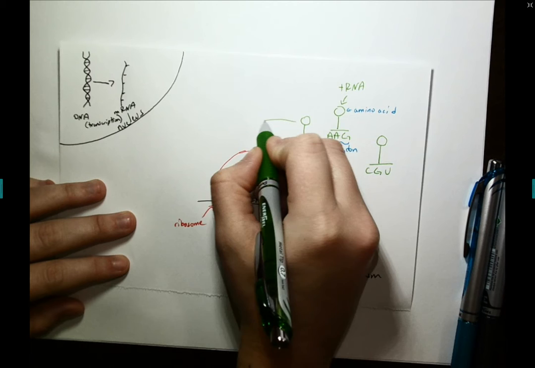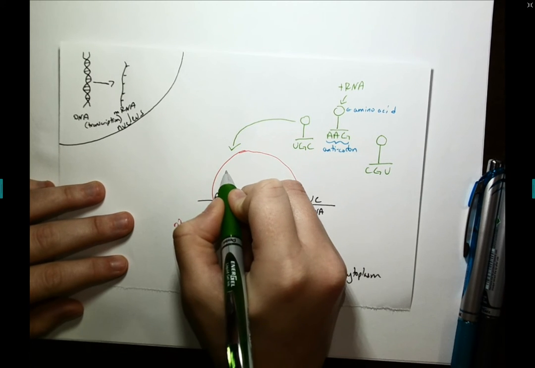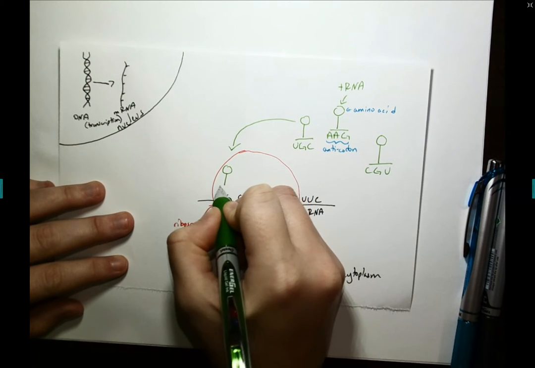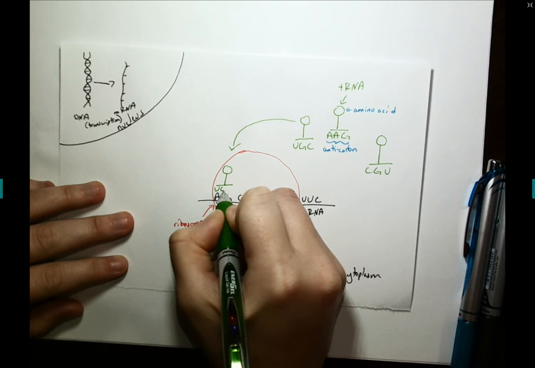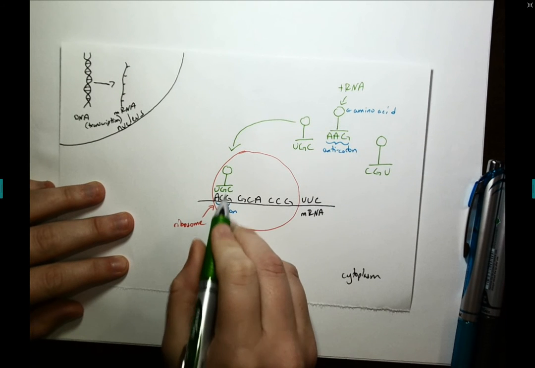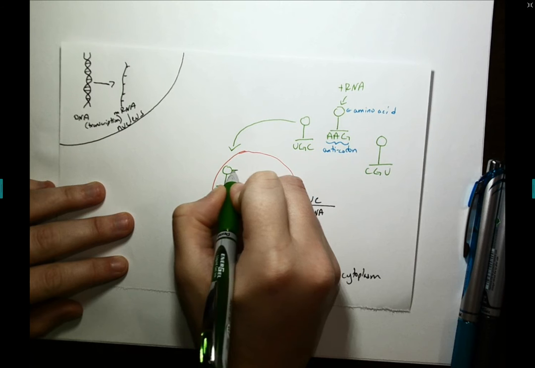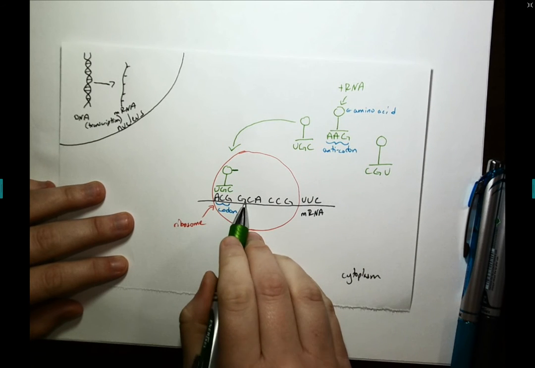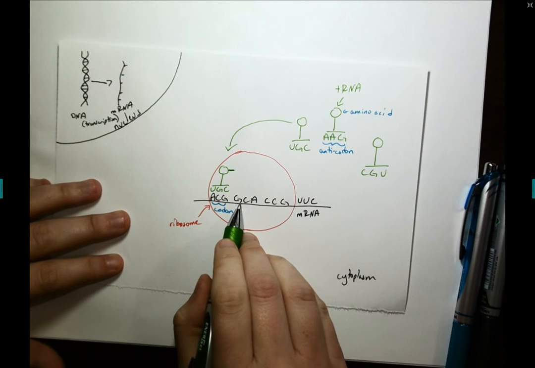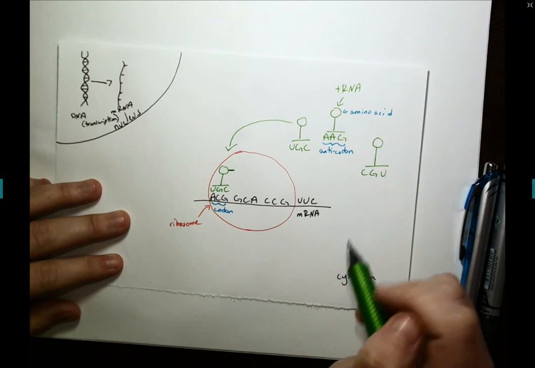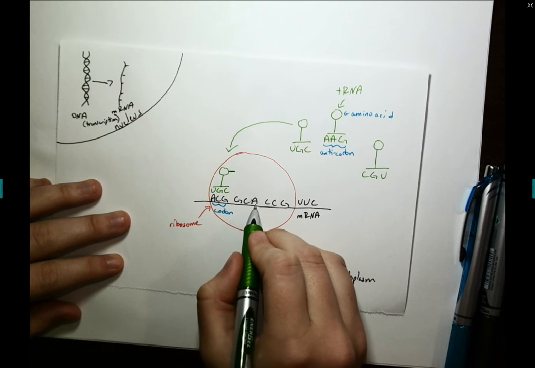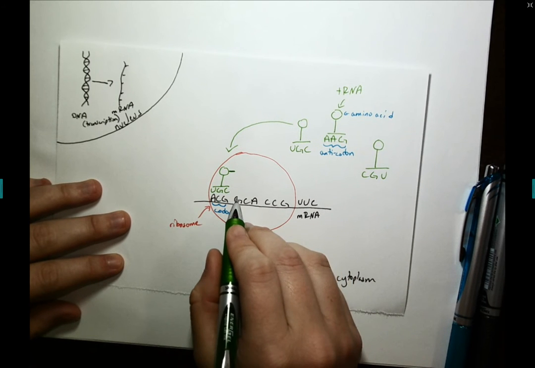So then this tRNA would come here, U, G, C, right? The codon matches the anticodon. A little peptide bond would form. And now we need the next anticodon to deliver the amino acid. So GCA would pair up with CGU.